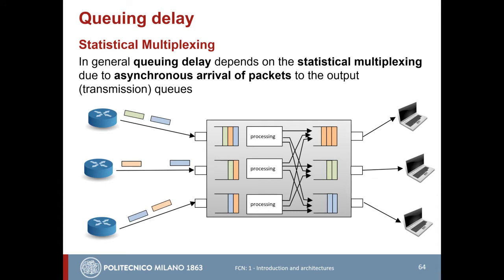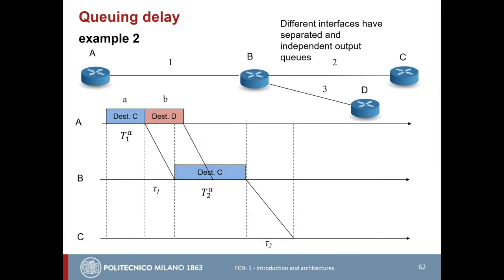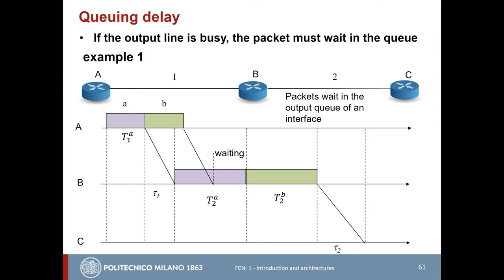As you can see from, for example, this diagram, there is an extra delay that is experienced by the second packet, in addition to the transmission delay, transmission time, and the transfer delay, propagation delay. This is due to waiting, so waiting delay. It's the queuing delay.